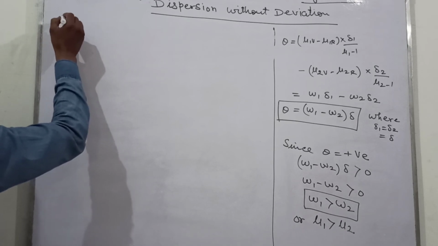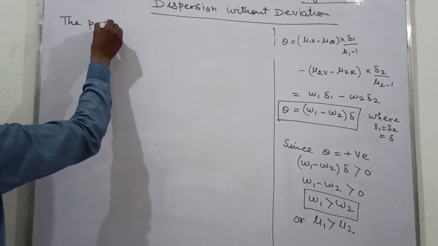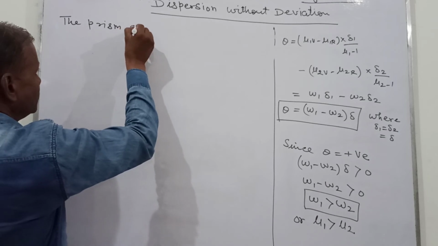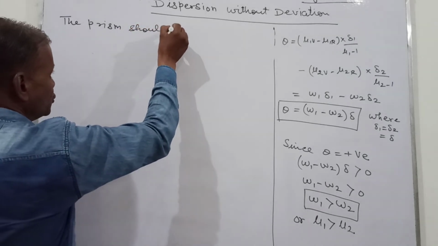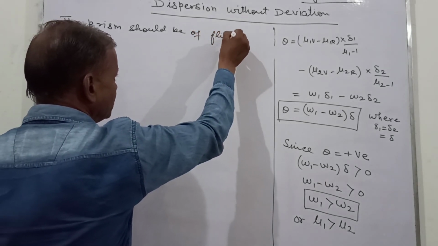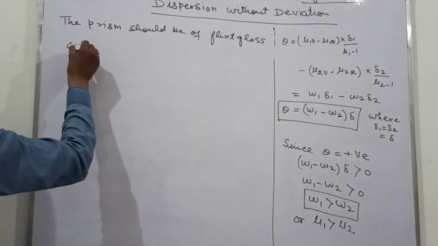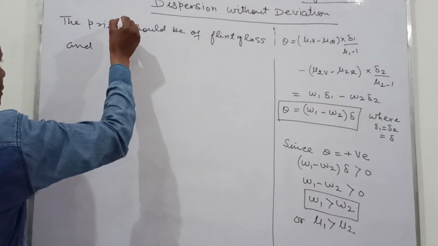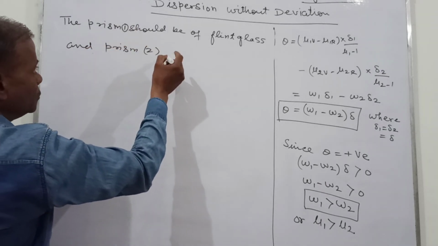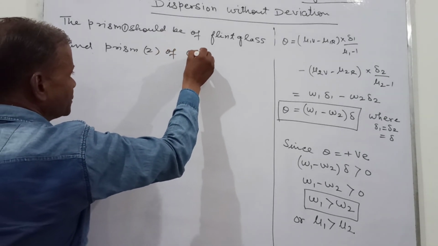So prism 1 should be of flint glass and prism 2 of crown glass.